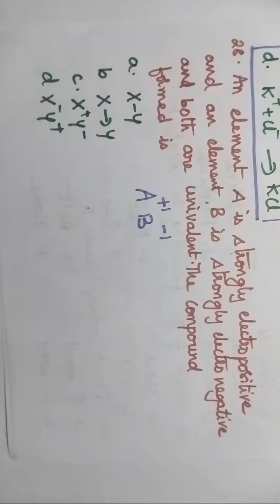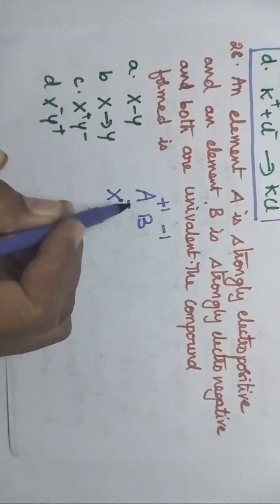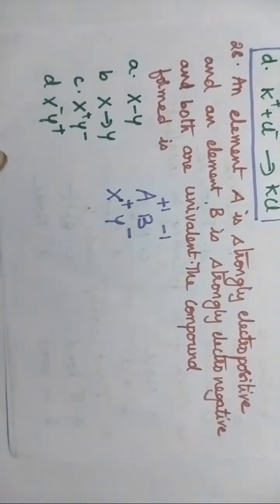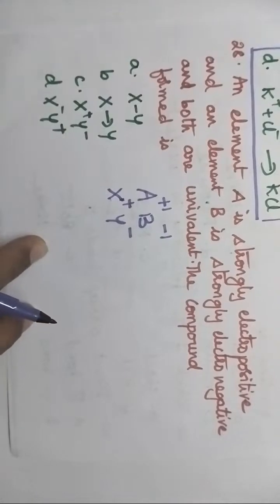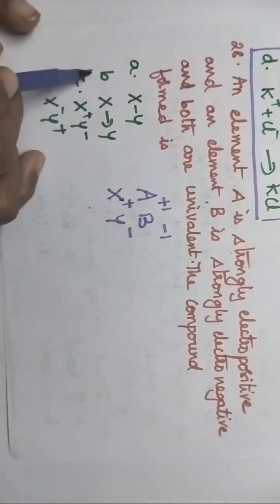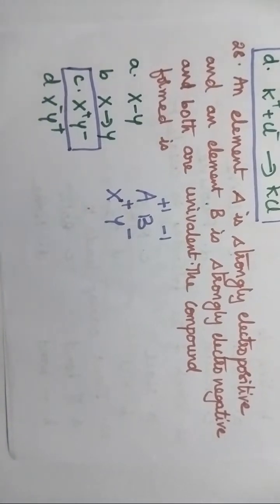Here you better consider X plus Y minus. Then the compound formed is... very good. It is an ionic compound.